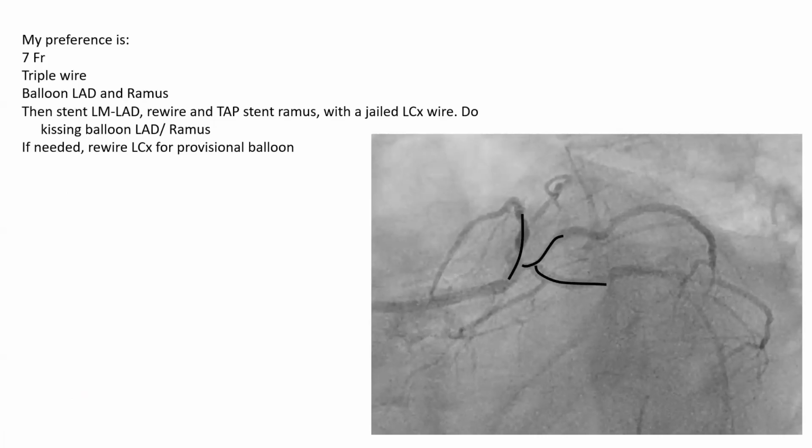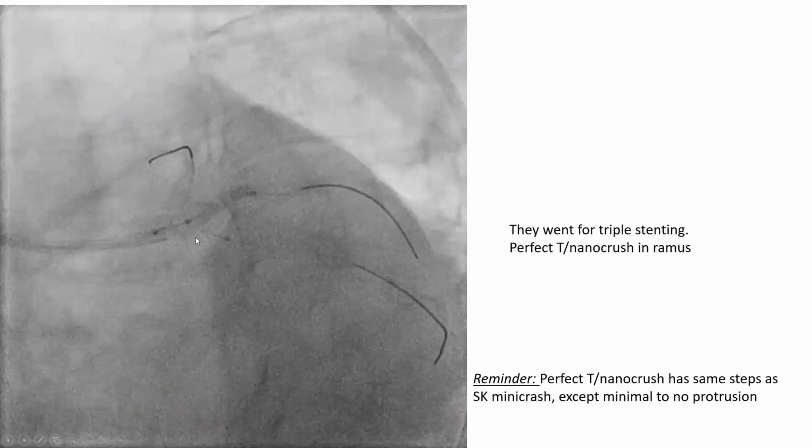However, here they chose to do something different, and I will show you. So what they did, they went for a triple stenting approach up front. First they triple wired, then they did perfect T nano crush in the ramus.